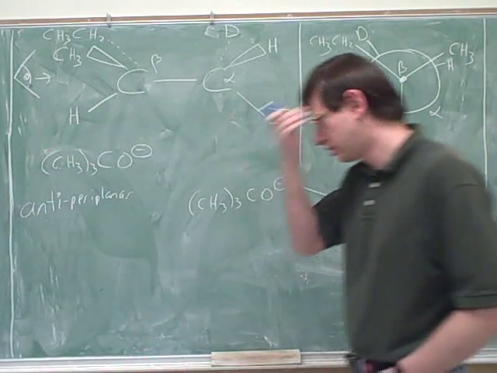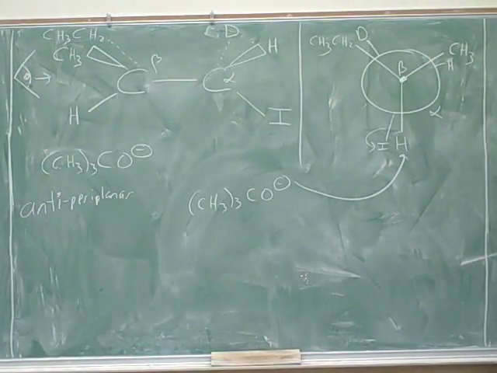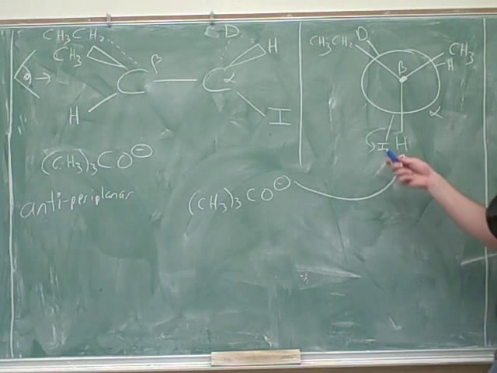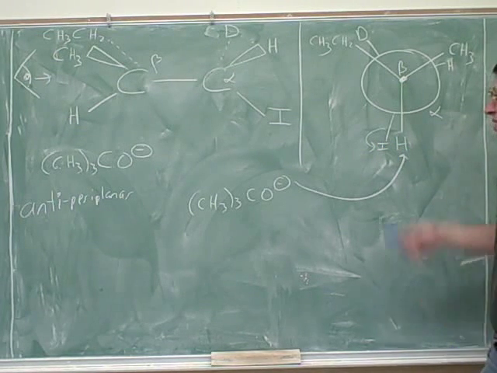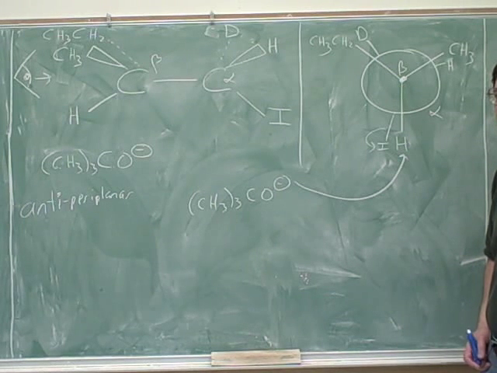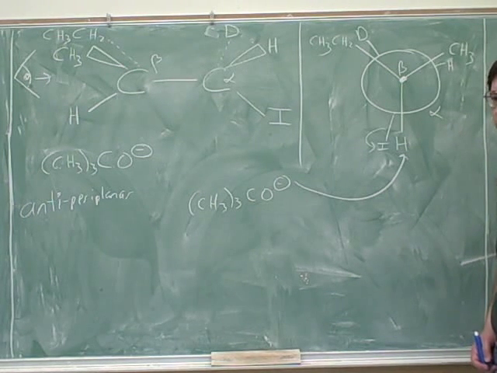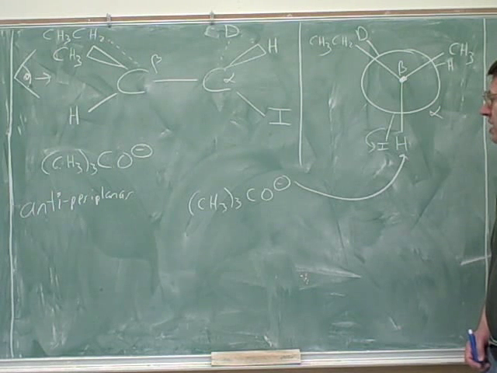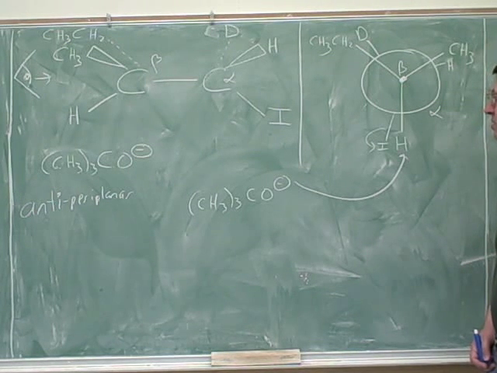In particular, we have to rotate the leaving group until it's anti-periplanar to the beta hydrogen.